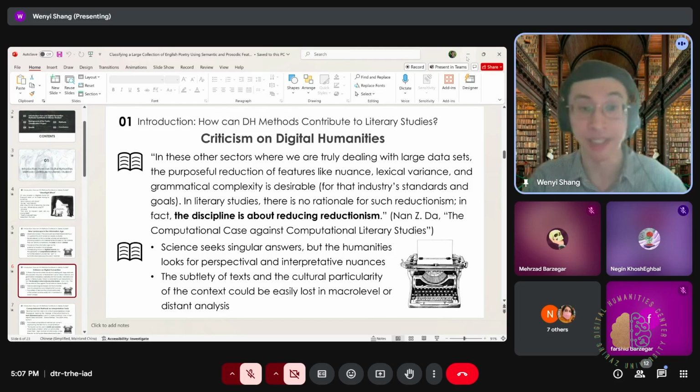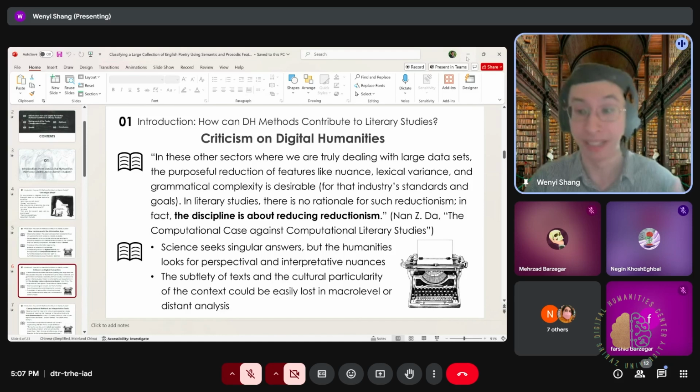But she argued that in literary studies, it's quite different because the discipline is about reducing reductionism. We cannot reduce the nuances for another purpose because what matters in literary studies is the nuances.